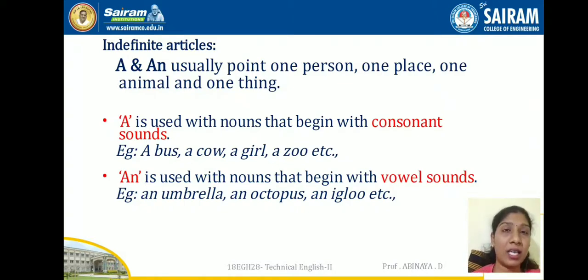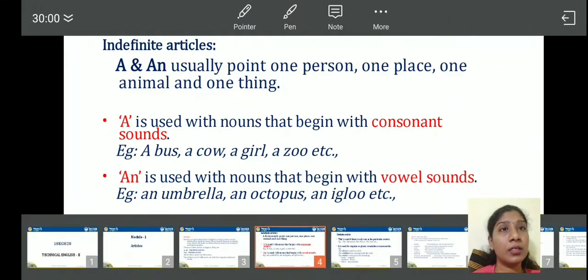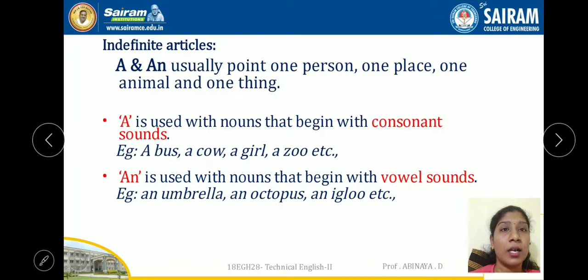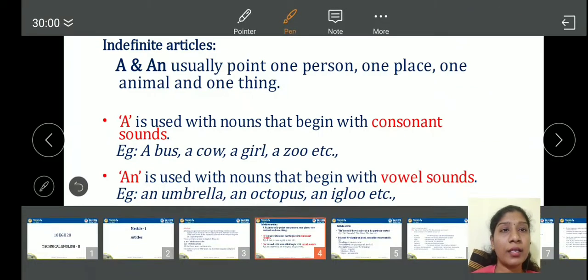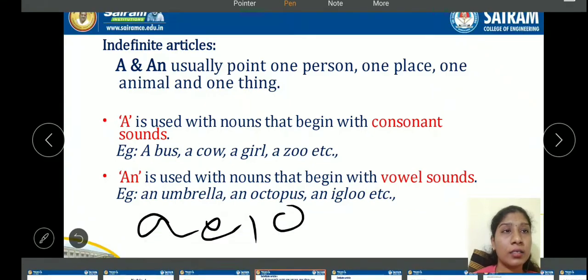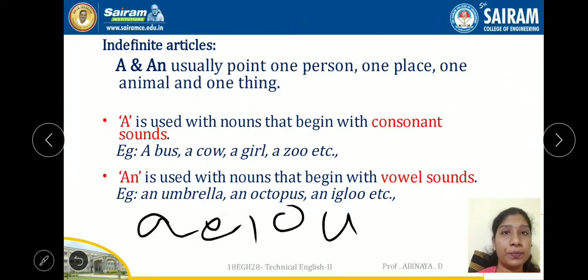A, E, I, O, U. So nouns that start with vowel sounds always come with an. I told you, sounds.